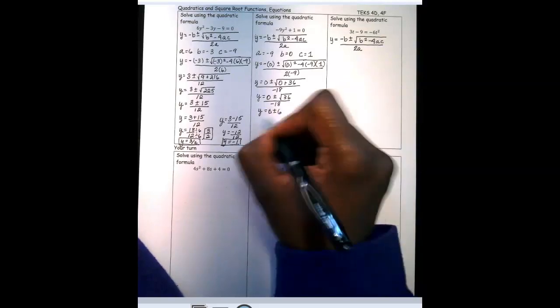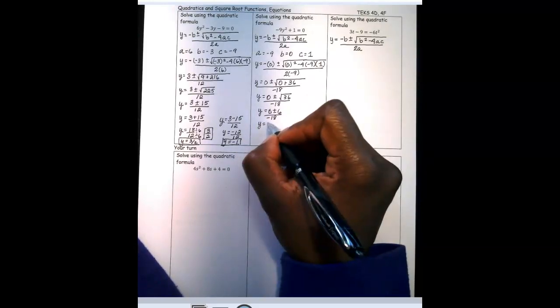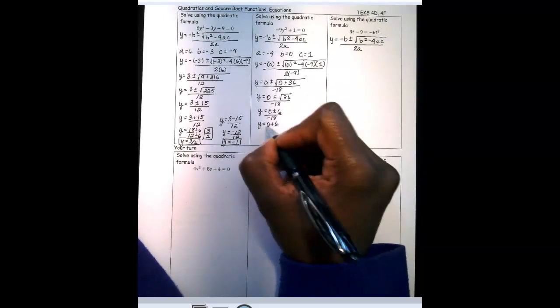Let's keep doing it. 0 plus or minus the square root of 36 is 6 divided by negative 18. So we've got y is equal to 0 plus 6 divided by negative 18, and y is equal to 0 minus 6 divided by negative 18.